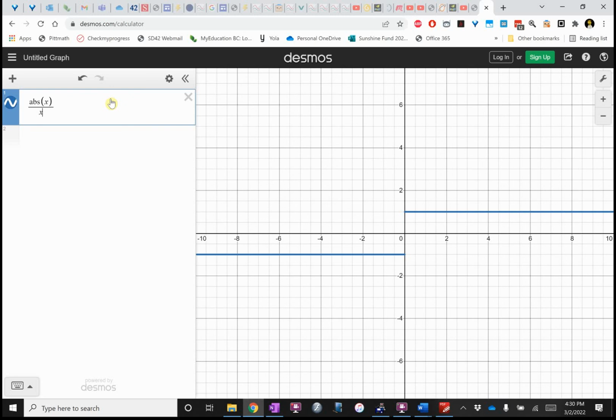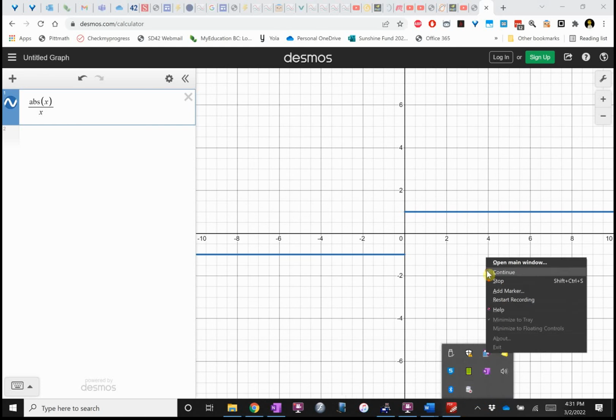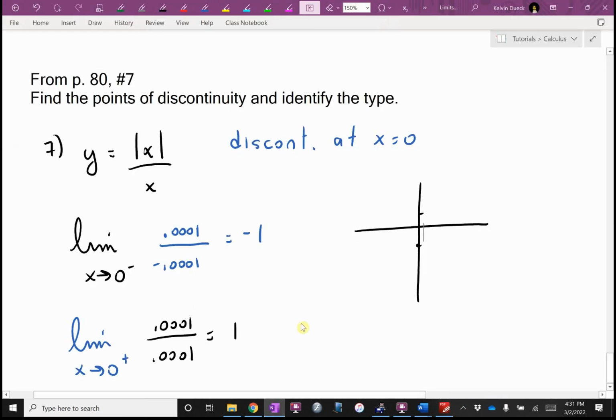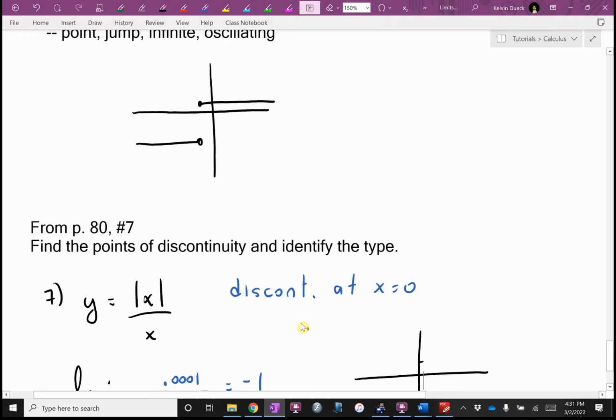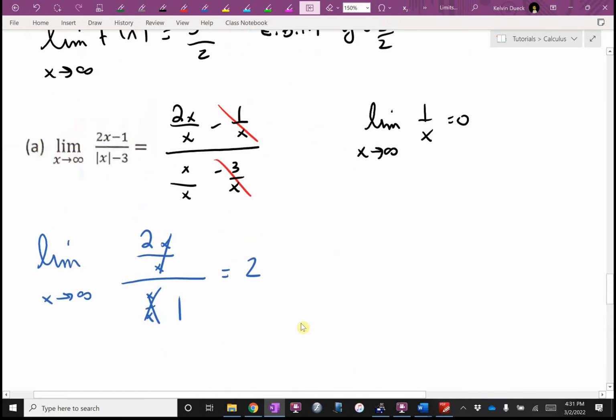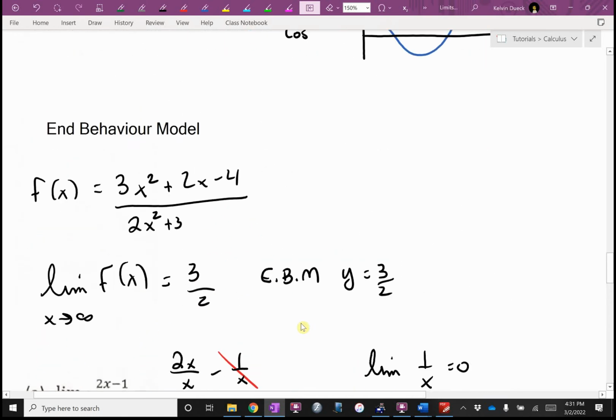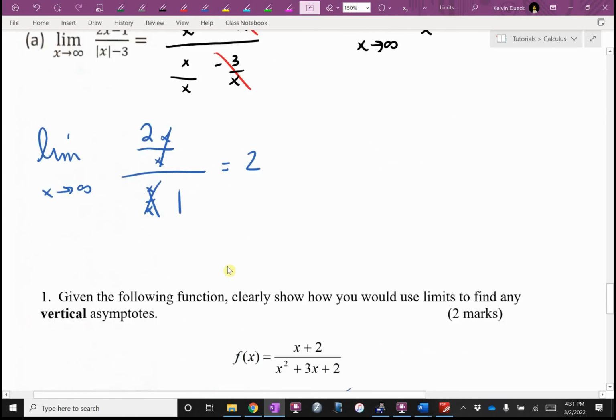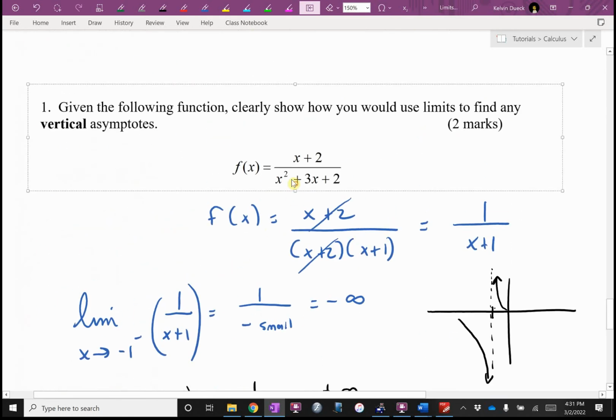So, whether a discontinuity is removable or not, that's a good question. Supposing I wanted to remove a discontinuity, I made one up, didn't I? Yeah, right here. This one.